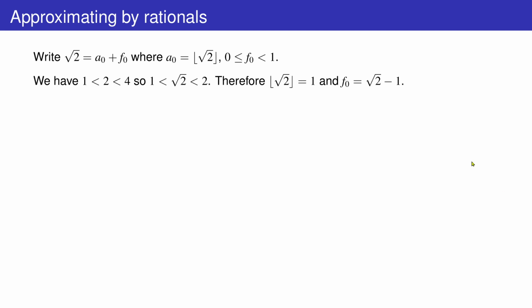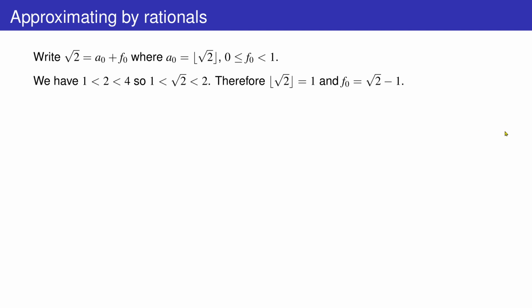And so if I sandwich 2 between its adjacent square numbers, 1 and 4, then from this inequality, if we take square roots, we see the square root of 2 lies between 1 and 2. Of course, we kind of knew that.